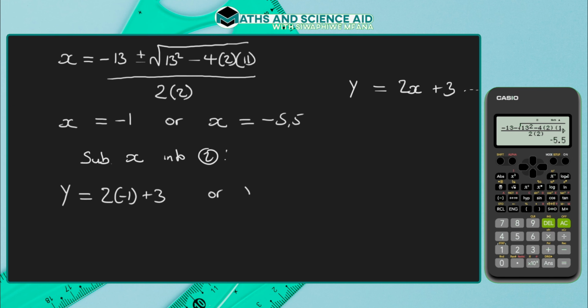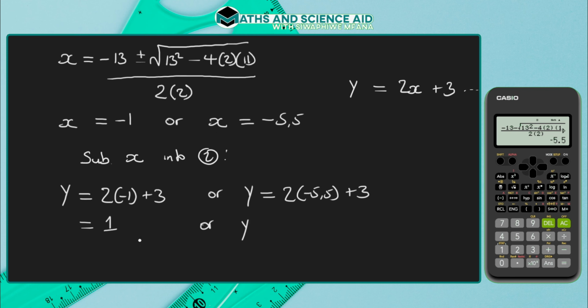And for x is equal to negative 5.5, we'll have y is equal to 2 into negative 5.5 plus 3. And so here we are then going to have 2 into negative 1, which is negative 2 plus 3, that's equal to positive 1.